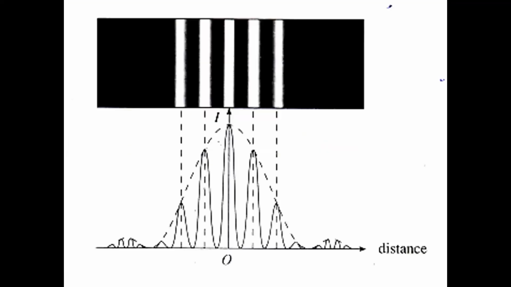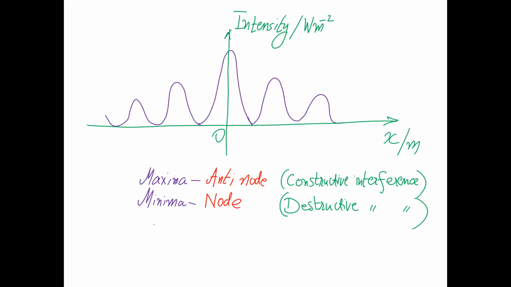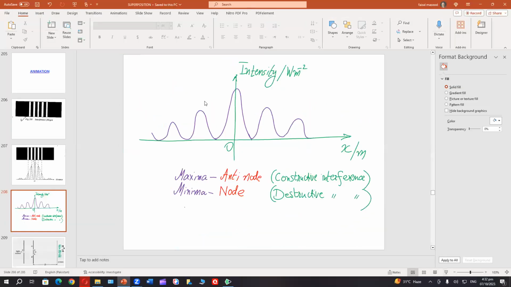The central fringe is very bright, and the brightness or intensity decreases on both sides.